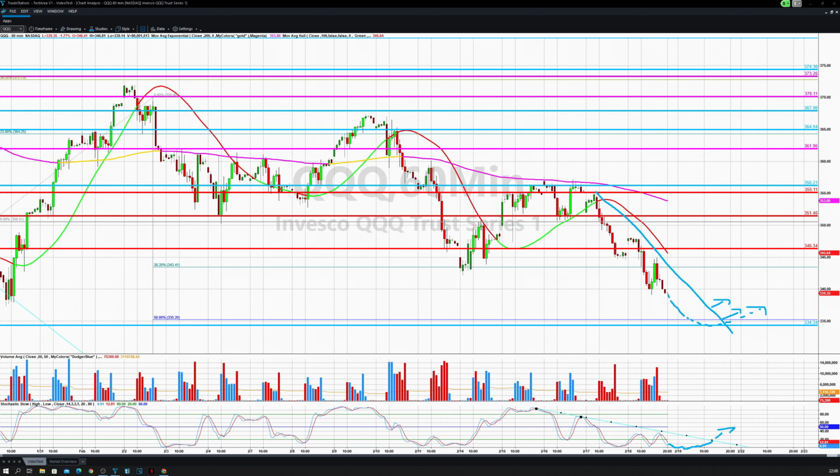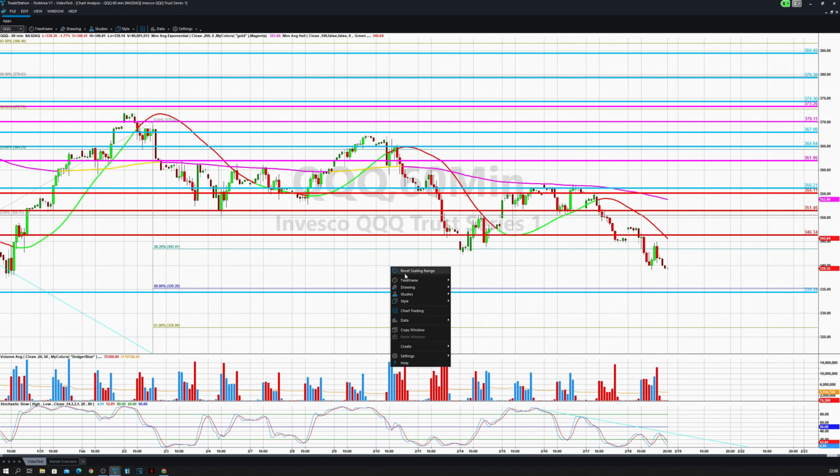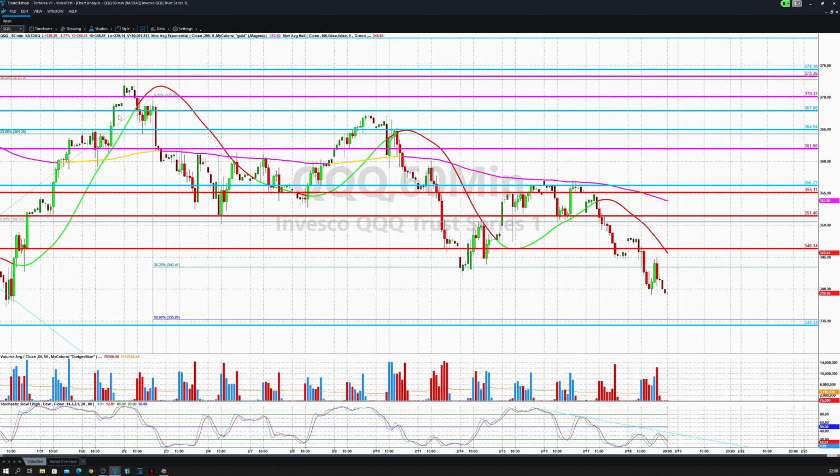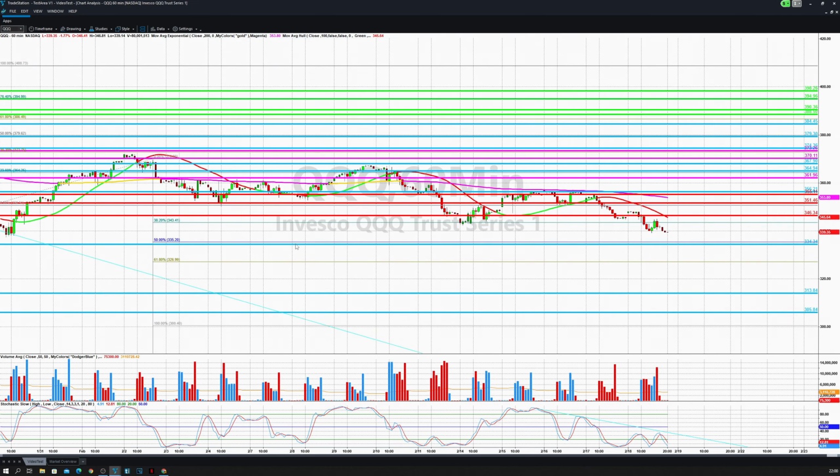At the moment you can see the 50%, 38% Fibonacci level, the 618, the 326, and the 326 and 334 are key levels, almost aligned, and 300 almost aligned with the Fibonacci level.